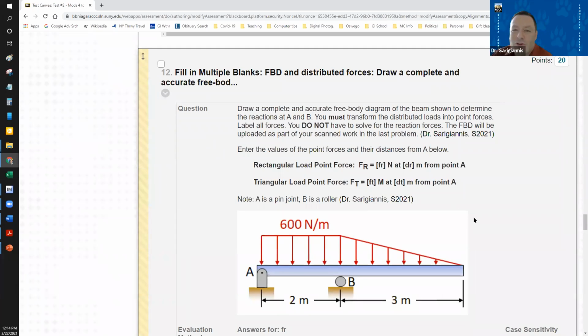Part of this problem was to draw a complete and accurate free body diagram. The free body diagram will be uploaded as part of your scanned work in the last problem. So you needed to submit a free body diagram, and it needed to be complete and accurate. You can't just put some numbers in here and call it a day.